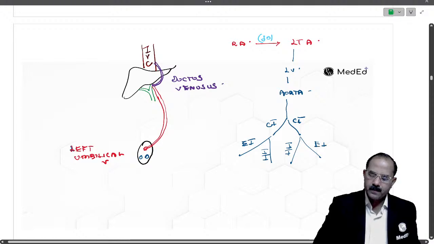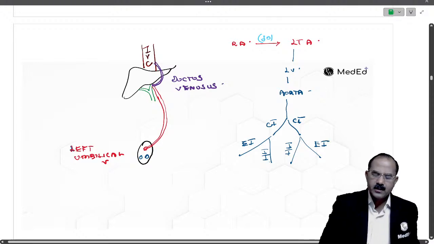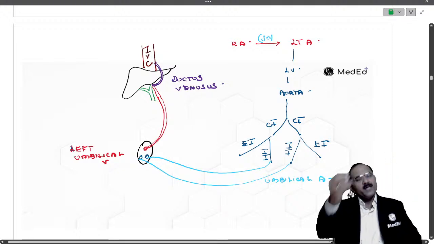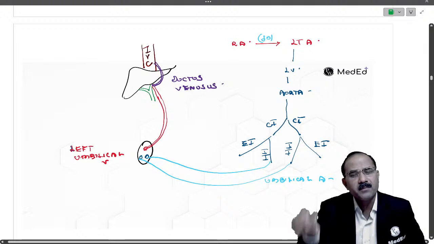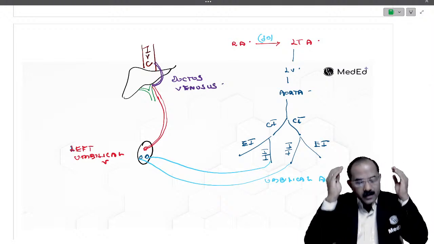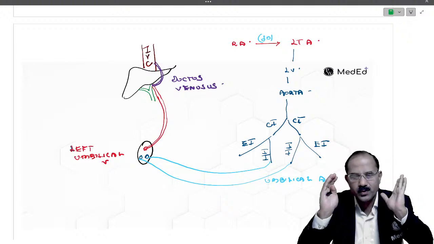From the internal iliacs, there are two arteries which begin, and these are the umbilical arteries. Umbilical arteries are branches of the internal iliac. They begin from the internal iliac in the pelvis and go up to the umbilicus.